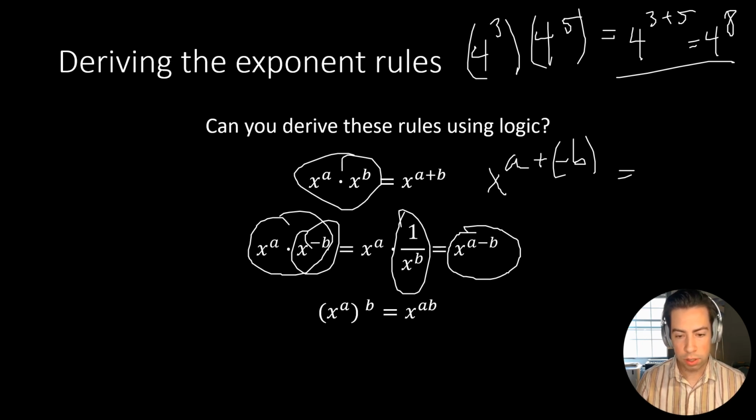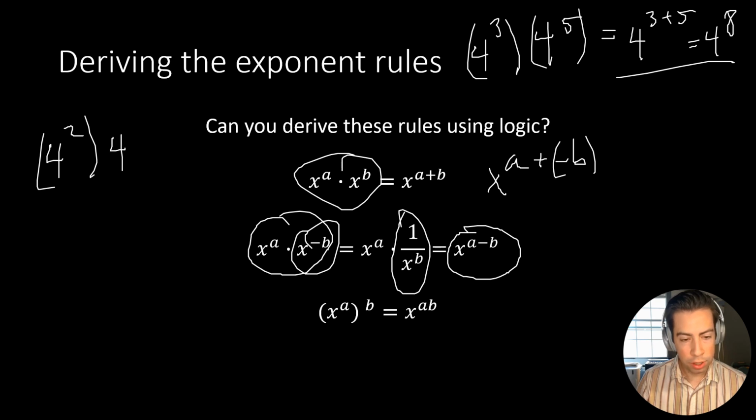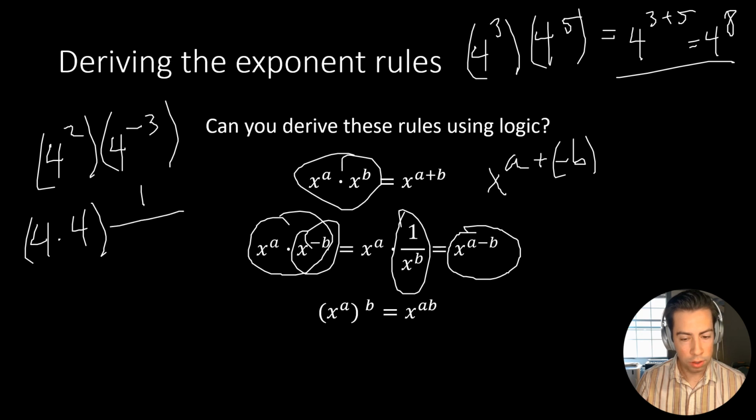Let me just show you real quick an example. If we had something like 4 squared multiplied by 4 to the negative 3, well, this is really just the same thing as saying 4 times 4, and then all that is going to be multiplied by 1 over 4 times 4 times 4.